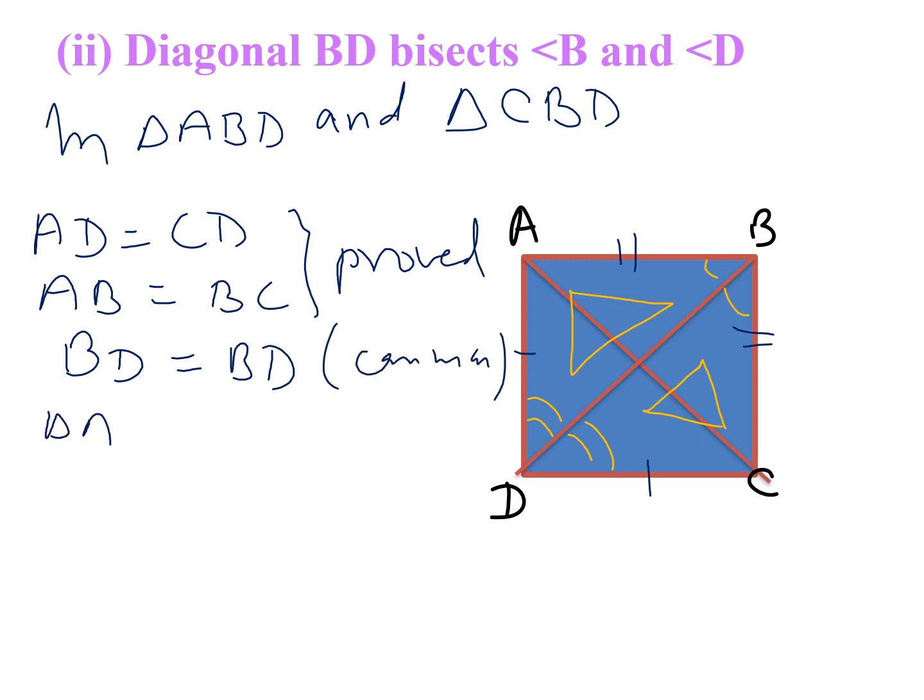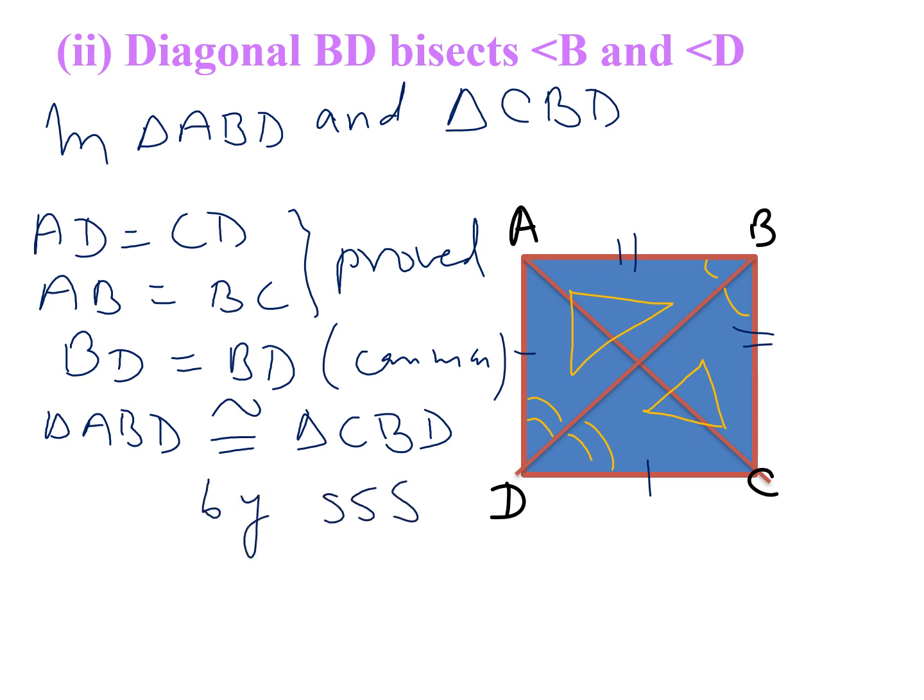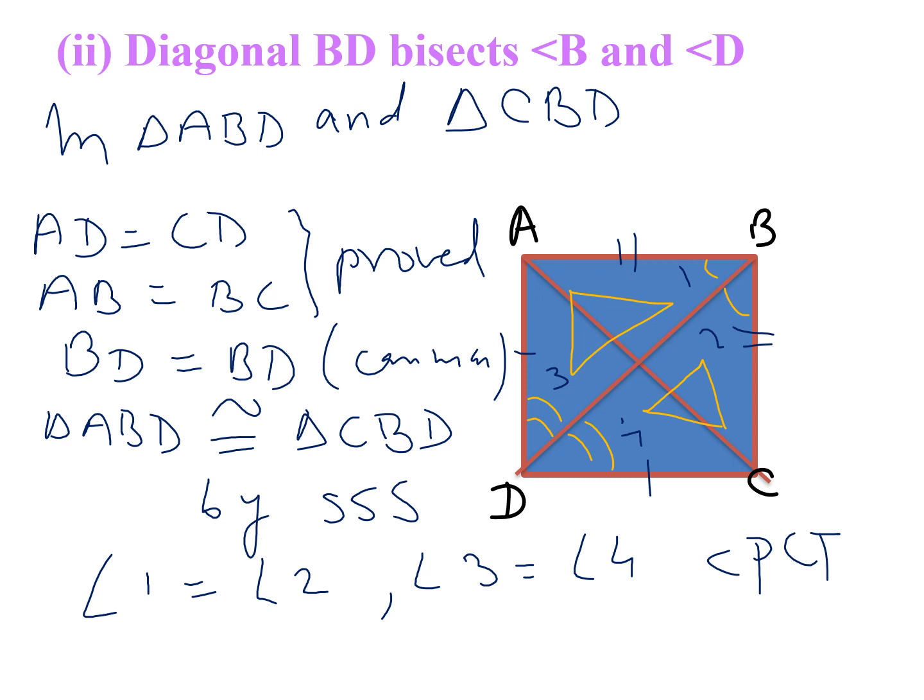So triangle ABD is congruent to triangle CBD by SSS congruence condition. Hence, BD bisects angle B and angle D because if you mark them by 1 and 2, 3 and 4, we can write directly 1 is equal to 2 and 3 is equal to 4 by CPCT, corresponding parts of the congruent triangles.